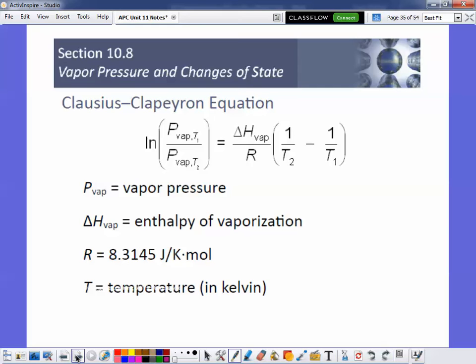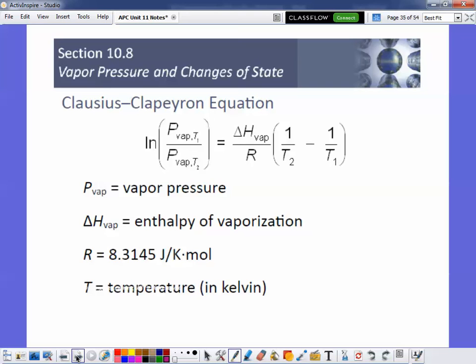It's almost the exact same formula, just with different things substituted in. If you measured the vapor pressure at two different temperatures, you can find the delta H of vaporization, the enthalpy of vaporization. Or if you knew this, you could find the vapor pressure at a different temperature.